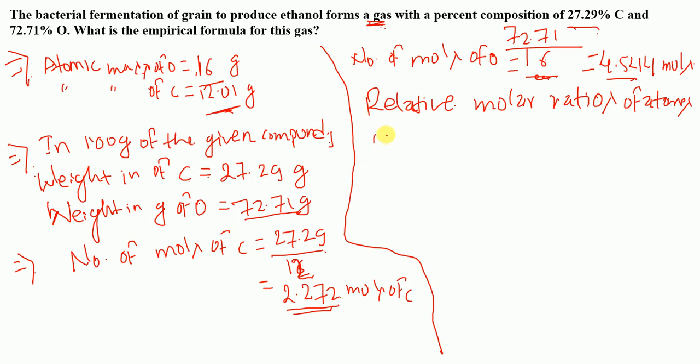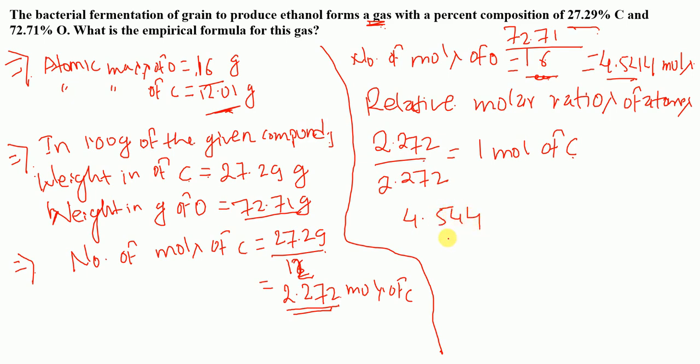2.272 divided by 2.272 is one, so 1 mole of carbon. Now we divide 4.544 by 2.272, which will be equal to 2 moles of oxygen.